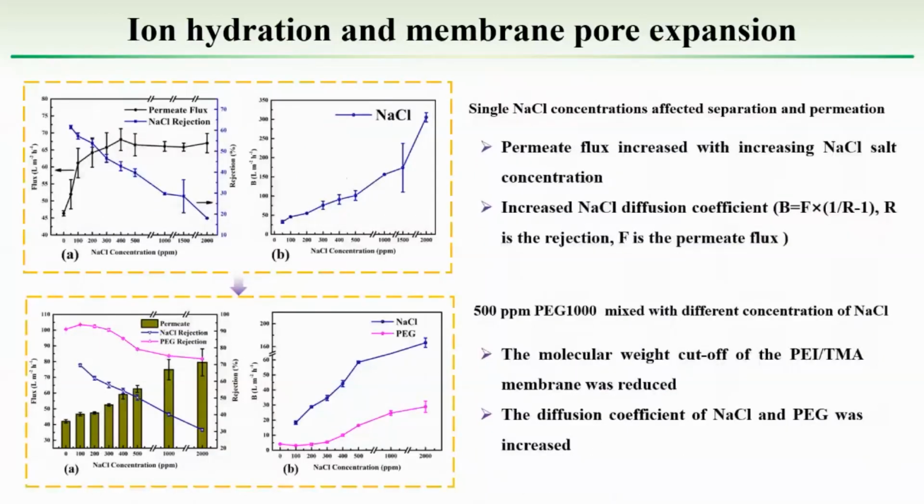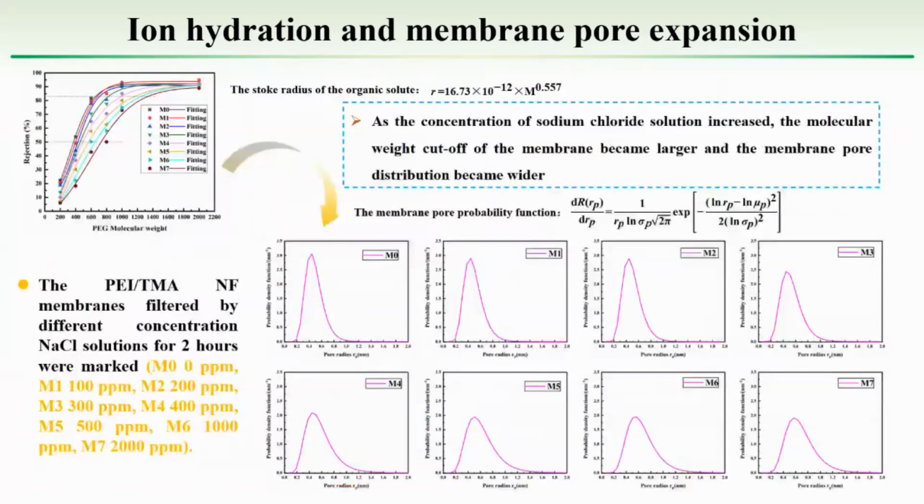The degree of membrane pore expansion increased with the increase of sodium ion concentration. The intuitive performance was that the rejection of PEG dropped rapidly. According to further analysis of the membrane pores, the probability function of the membrane pore distribution changed after filtering the sodium chloride solution.